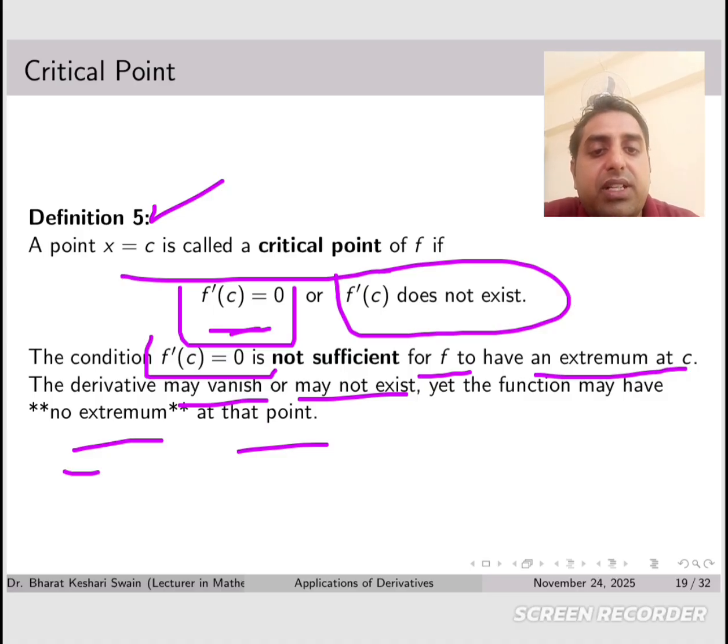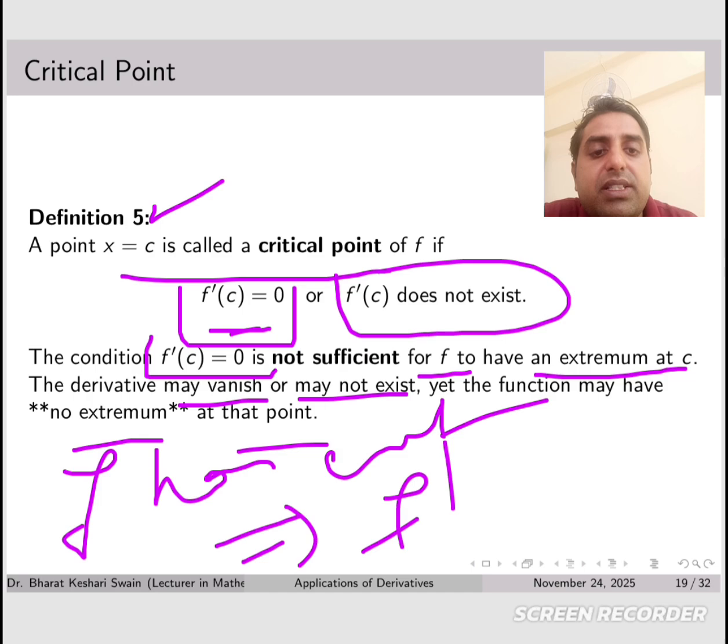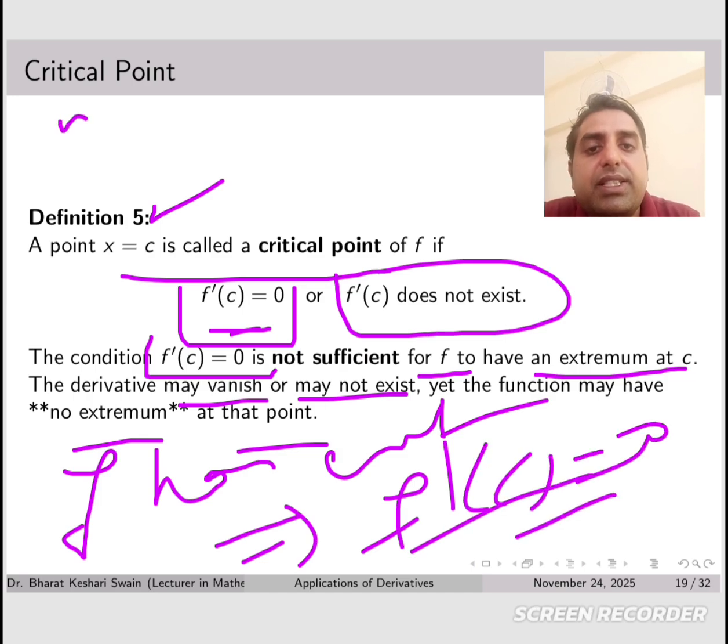If f has extremum, then that implies f dash c must be 0. This is your necessary condition, not sufficient.